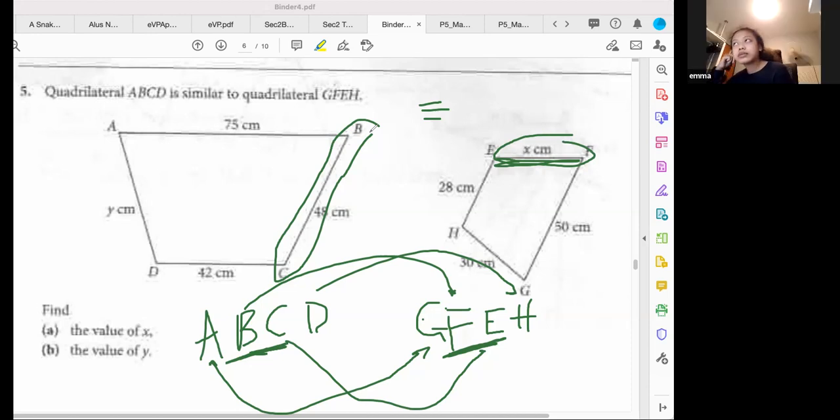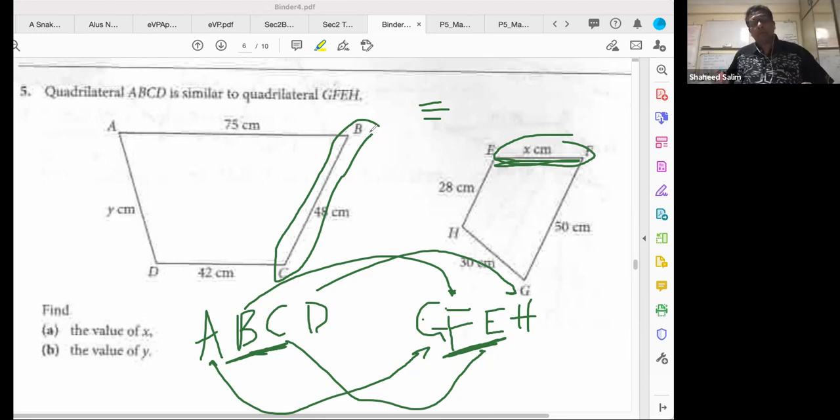So 30 over y equals. Depending, okay, y over 30, right? You're going to make the bigger one over the smaller one, right? Y over 30 is equals to, or you want to use 30 over y can, but you must flip the other one. Flip, you know what I mean, right?